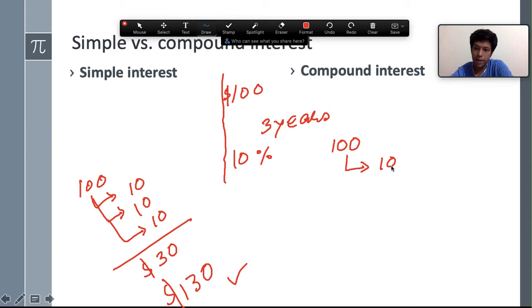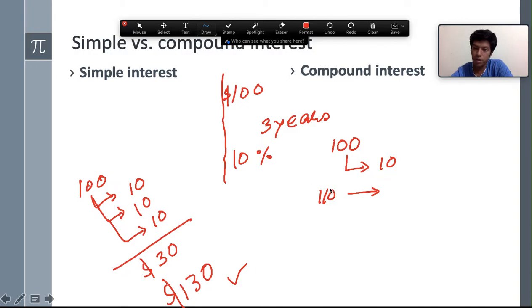That means by the end of the first year, the total amount of money I have in your bank, or wherever you have invested, is $110. So you should give me 10% interest on this $110.